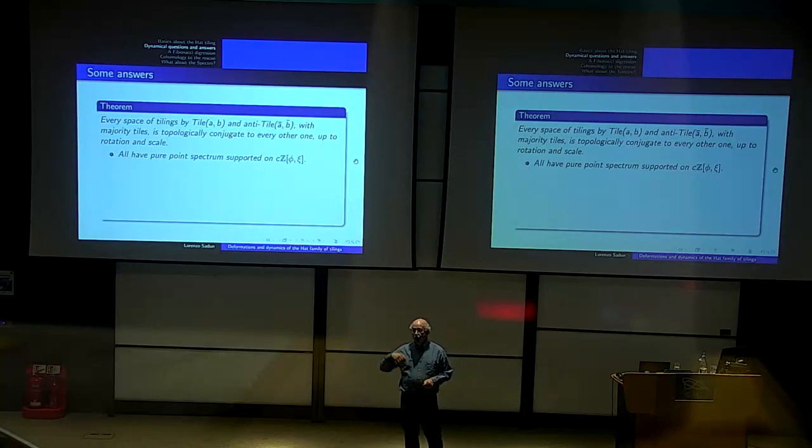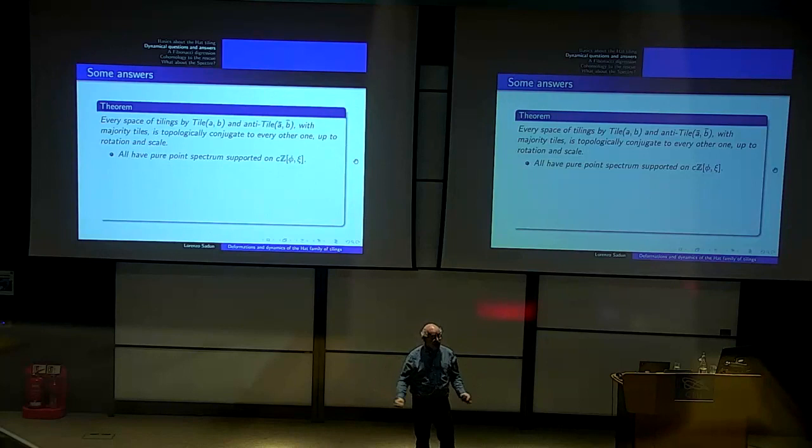If you give me one pair of values of A and B, and a different pair of values of A and B, we've got these tilings and those tilings, and I may have to rescale them, and I may have to rotate them, but after I've done that, I can give you a map from this space to that space that commutes with translations and preserves all the combinatorics. So as far as the dynamics goes, they're the same dynamical system.